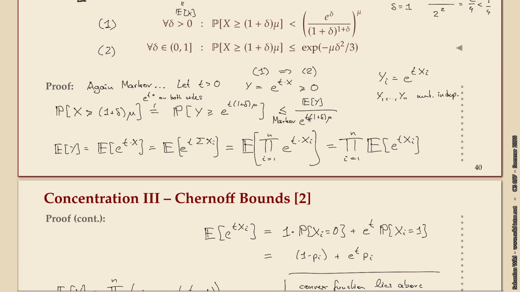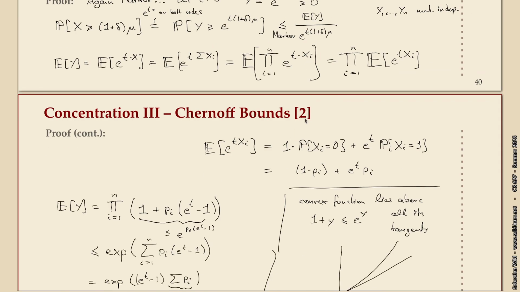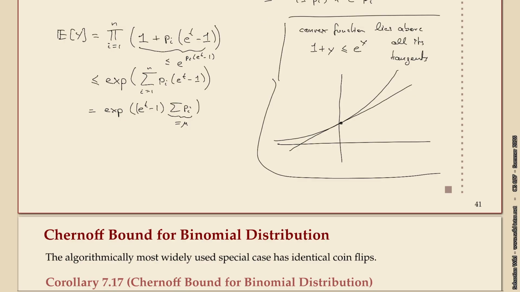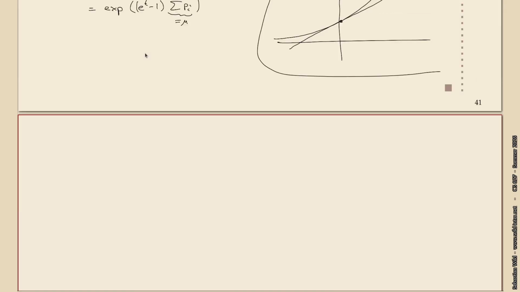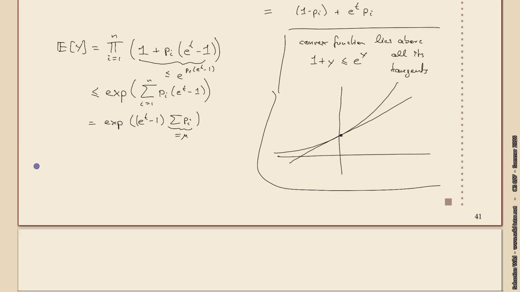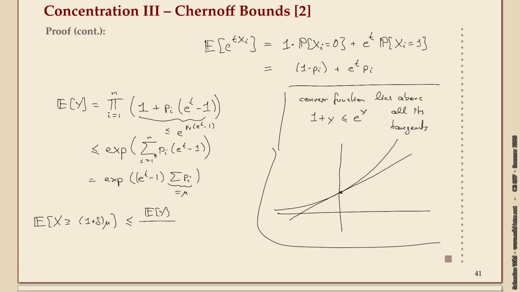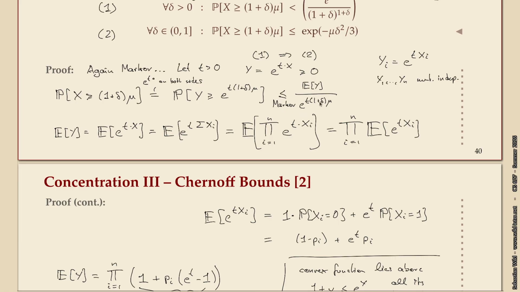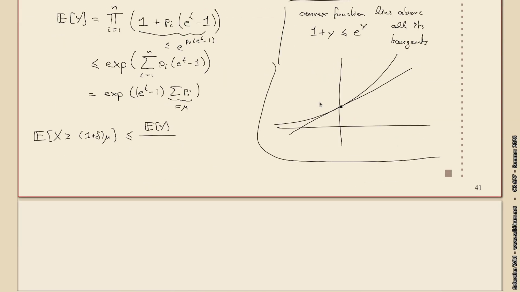That's where we're continuing. The probability that x is greater or equal 1 plus delta mu was less or equal E of Y divided by this lovely term e to the t times 1 plus delta mu.